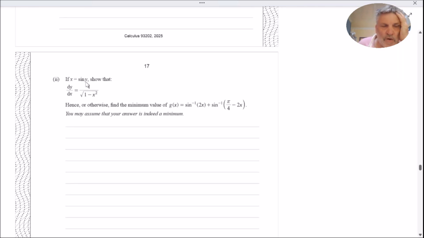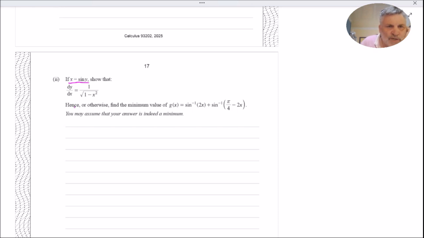If x equals sine y, that's just another way of writing y equals inverse sine of x. Show that dy by dx has this derivative. To do this question, it's just implicit differentiation on this equation. y is our dependent variable, x is our independent variable.